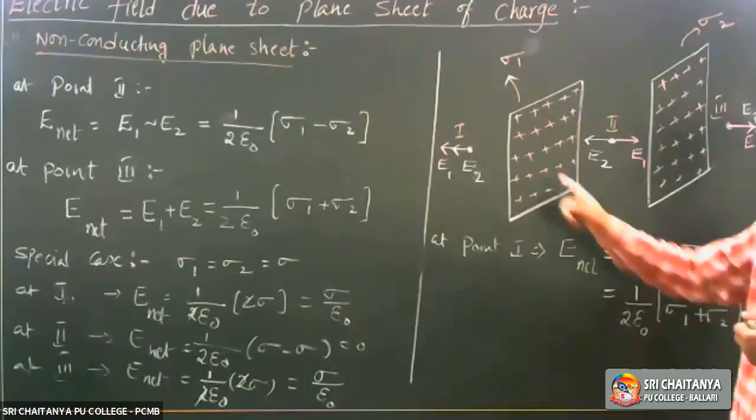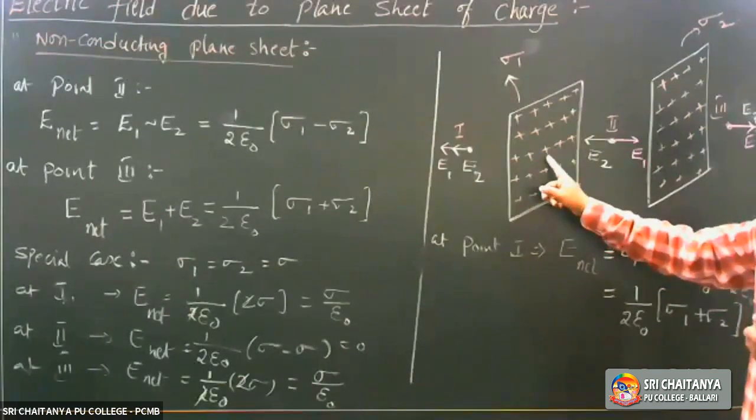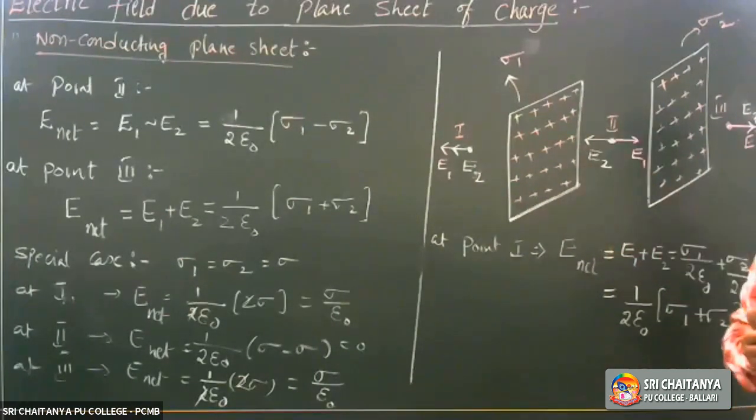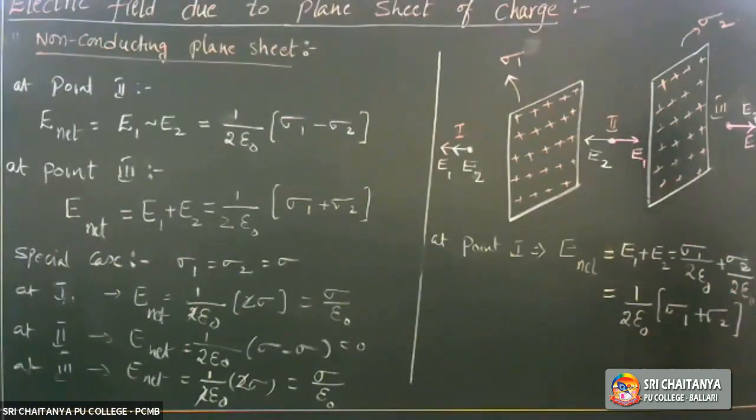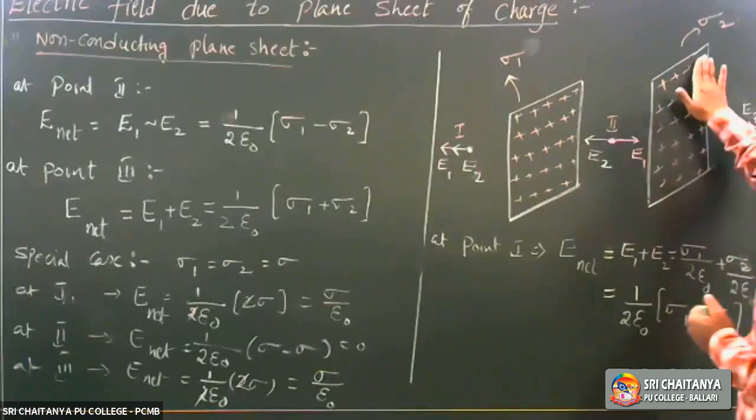Let us assume positive charge is given to this plate 1, negative charge is given to this plate 2.